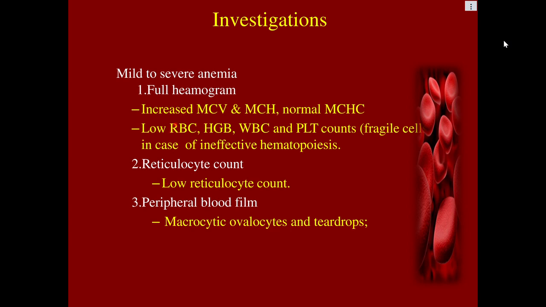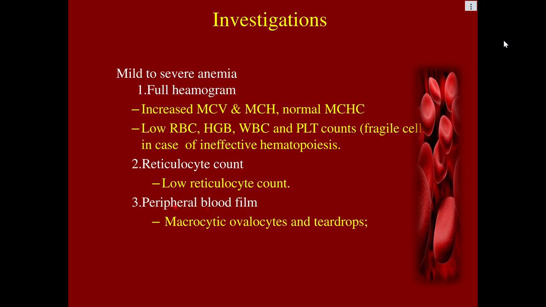The RBCs will be low because you need folic acid and also vitamin B12, especially in DNA synthesis. Therefore, you end up having reduced red blood cells. HB level will be reduced, WBC will be reduced, and platelet counts will be reduced.